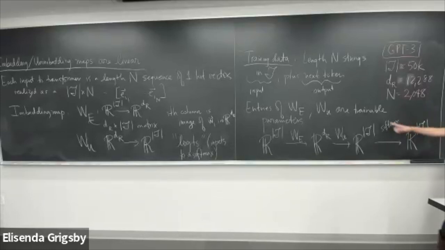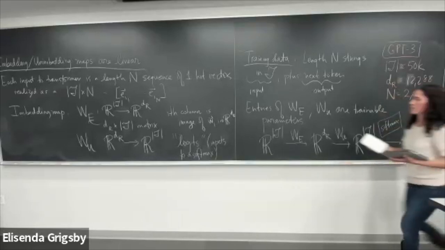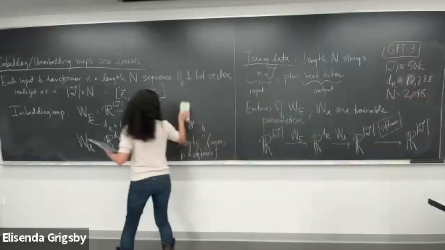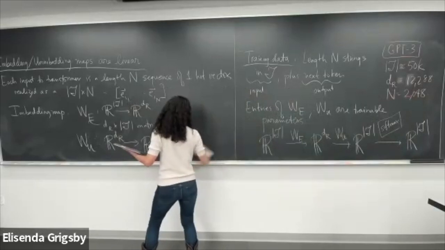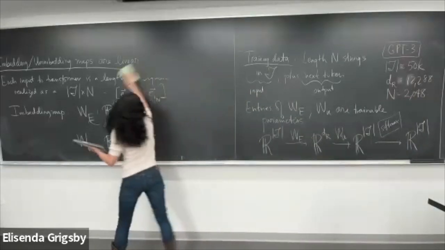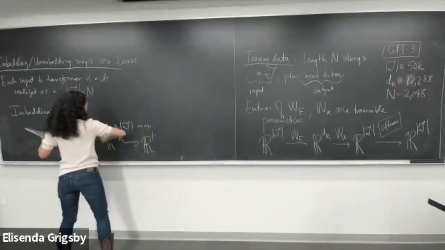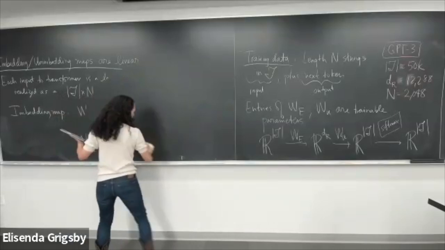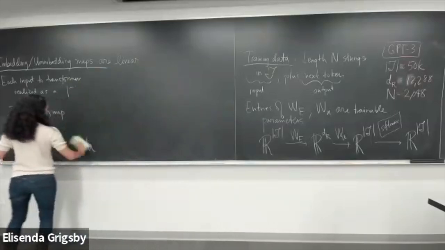So you want to take some vector in R^|T| and get a probability vector in R^|T|. The standard way to do this is to apply this function called softmax, which I'll describe in case you haven't seen it before, although I'm sure many of you have. I'll just note its properties and you'll see it right away.